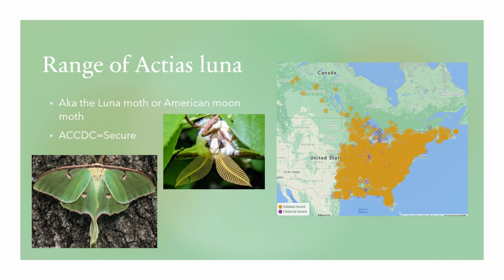They're considered one of the prettier moths that we have. The range over here is probably one of the biggest ranges for one of these species. You can see the orange dots show the current record of where they are, and the purple is the historic record of where they used to be. So a lot of overlap there.